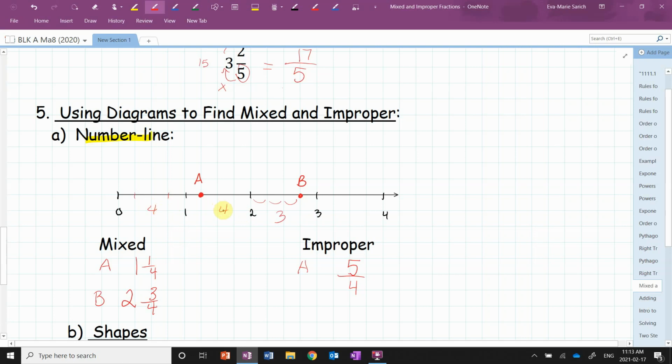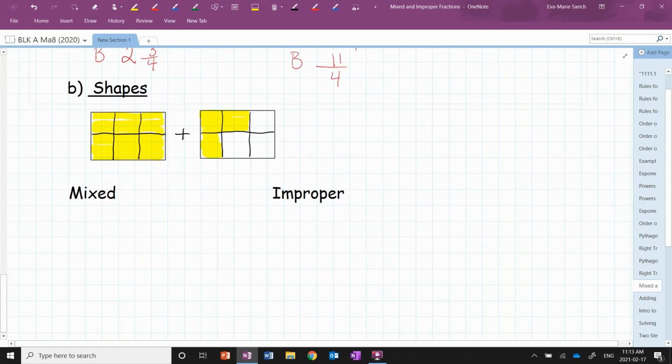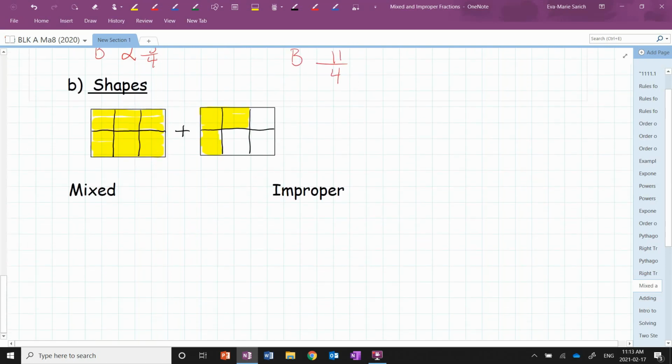So 4 plus 4 is 8, and 3 is 11 pieces out of numbers that have been cut into 4 spaces. So that's the improper 11 over 4. Now, if you want to do the rule, 4 times 2 is 8, plus 3 is 11 over 4. 4 times 1 is 4, plus 1 is 5 over 4. That works too. Okay, let's look at different shapes other than circles.